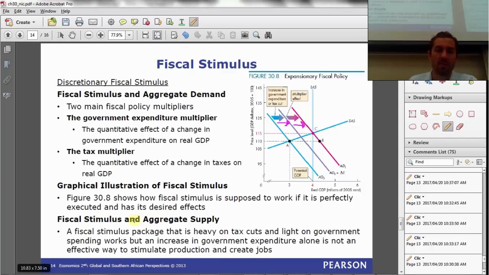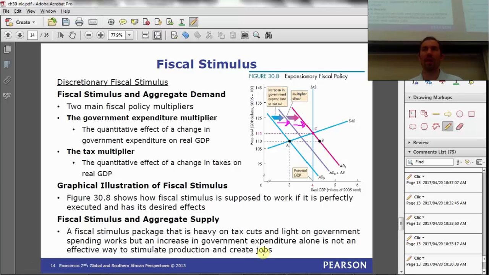What about the fiscal stimulus and aggregate supply? Well, if you have a government stimulus package that promotes reduction in taxes and is not big on government spending, then what you're going to have is not only this demand side effect, but also a supply side effect. So in other words, a fiscal stimulus package that is heavy on tax cuts and light on government spending works, but an increase in government spending alone is not as effective a way to stimulate production and create jobs.